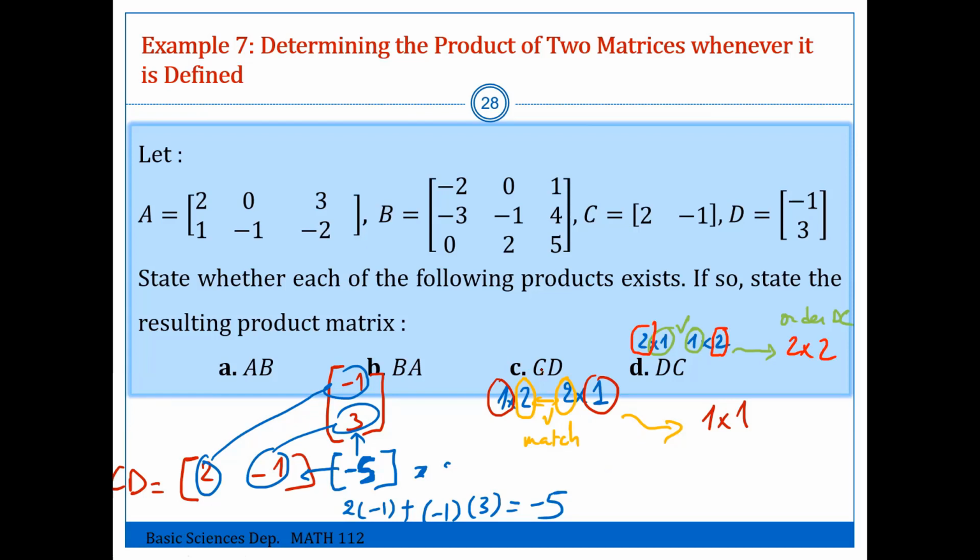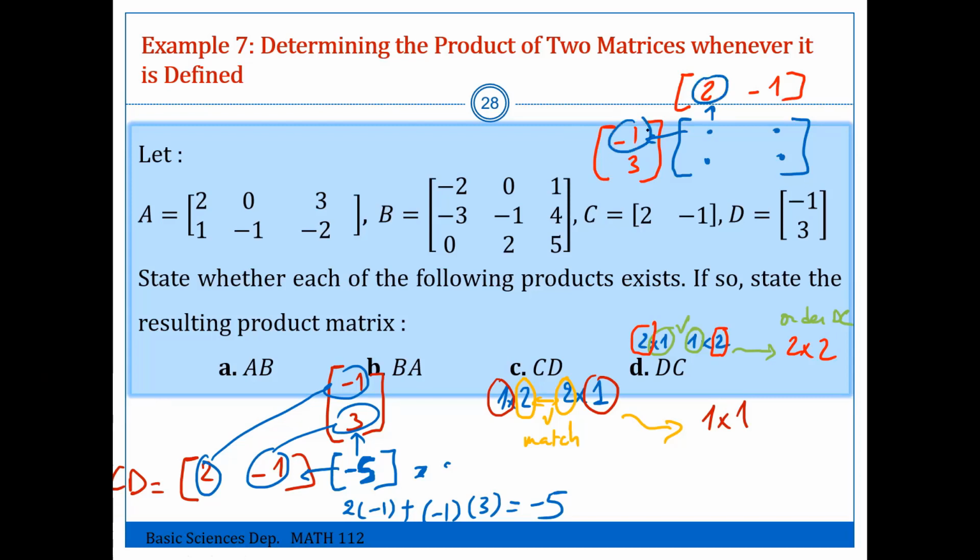So you see, CD is one element, DC is a matrix, 2 rows, 2 columns. Let's compute DC: -1 3, C 2 -1, and this is the result. So the result will be a matrix with 2 rows, 2 columns. Then here we'll use the first row, first column.